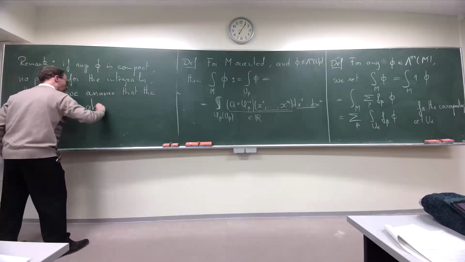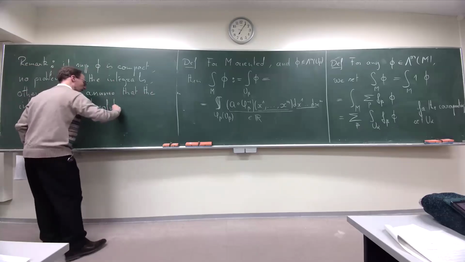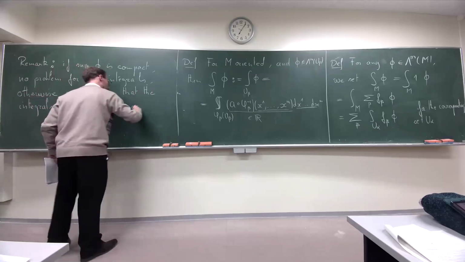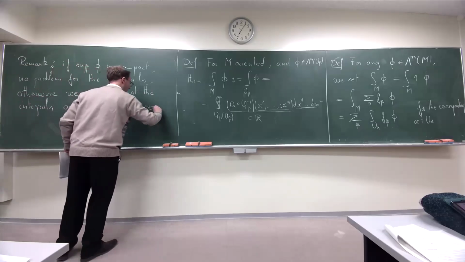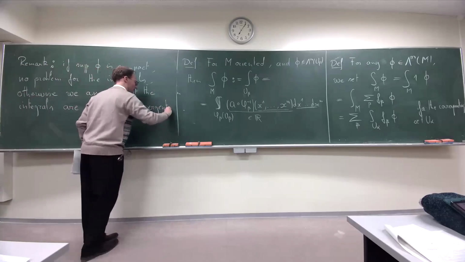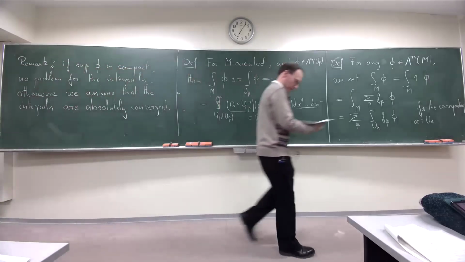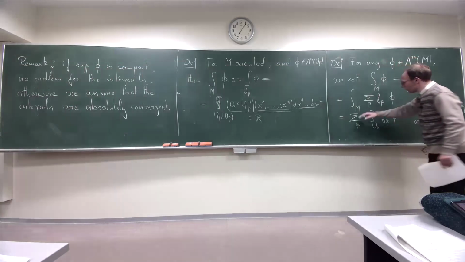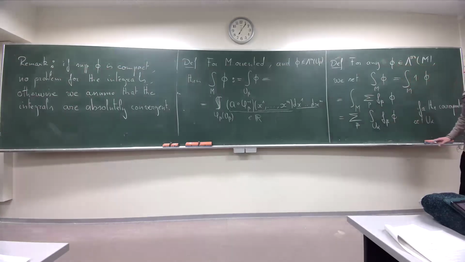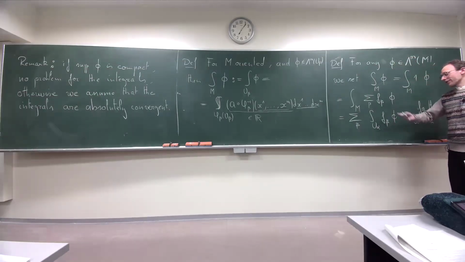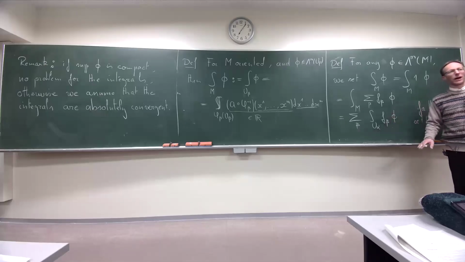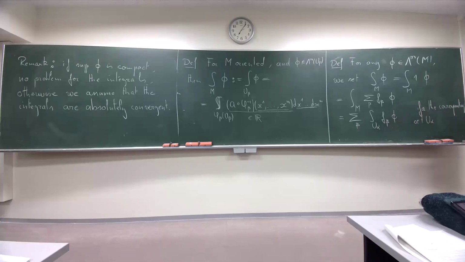So it means they converge when you take an absolute value, which is quite standard. So just be a bit careful. If you are on a compact manifold, there is no problem. If the manifold is not compact, if you have some sets which are not compact, just be aware that you have to check that it's convergent.